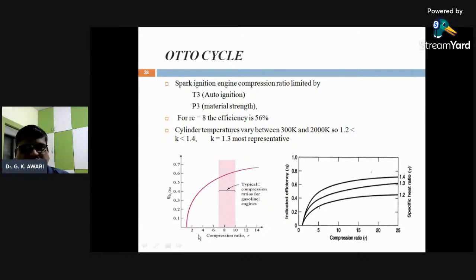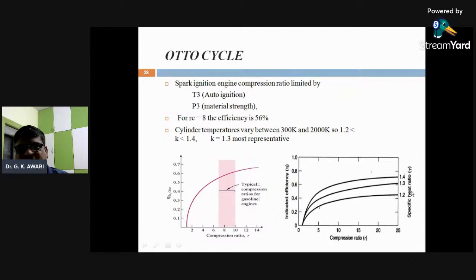Here you can see the compression ratios 2, 4, 6, 8, 10, 12, and 14, and the efficiency of the Otto cycle, that is 0.1, 0.2, 0.3, 0.4, 0.6. This is the typical compression ratio, and this is the indicated efficiency.